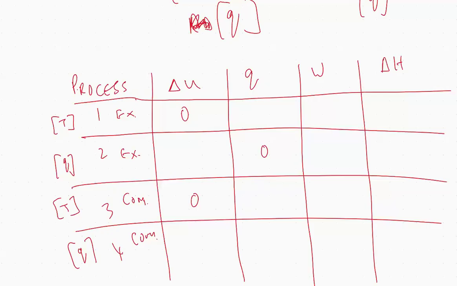Then what about work? This one just accept, because I don't want to derive at this stage. For general chemistry, work is given by minus nRT ln V2 over V1. Why is it minus?